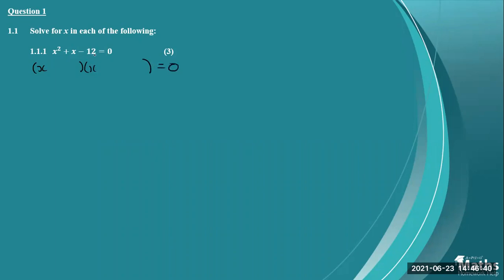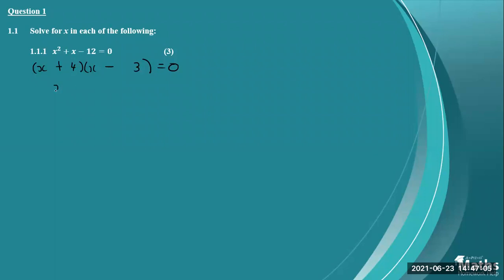12 we can break up into 3 times 4, and the difference between 3 and 4 will indeed be positive 1. I'm going to say I have 4 and I minus 3, then I have 1. Remember, there's a negative at the end, so that means that the signs must differ, and they do differ, a plus and a negative.